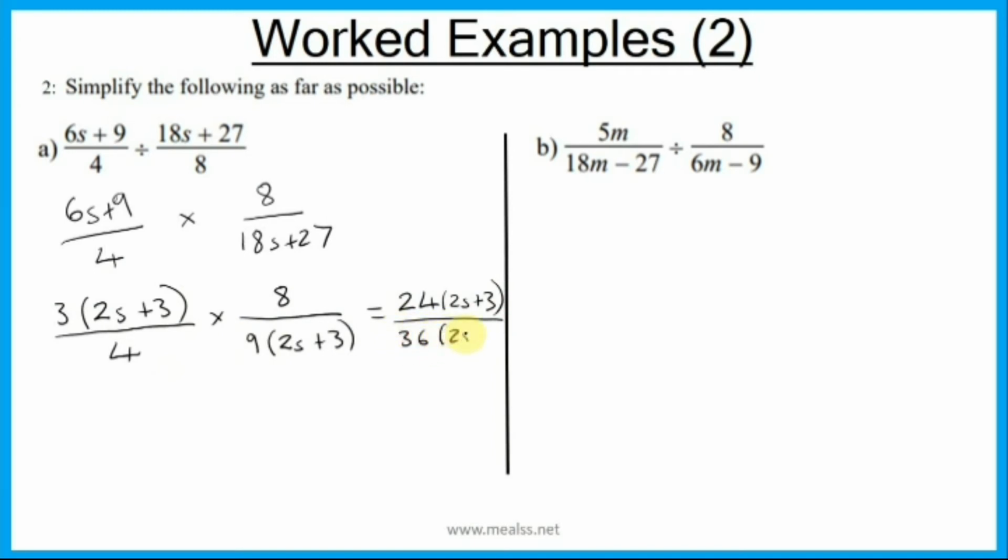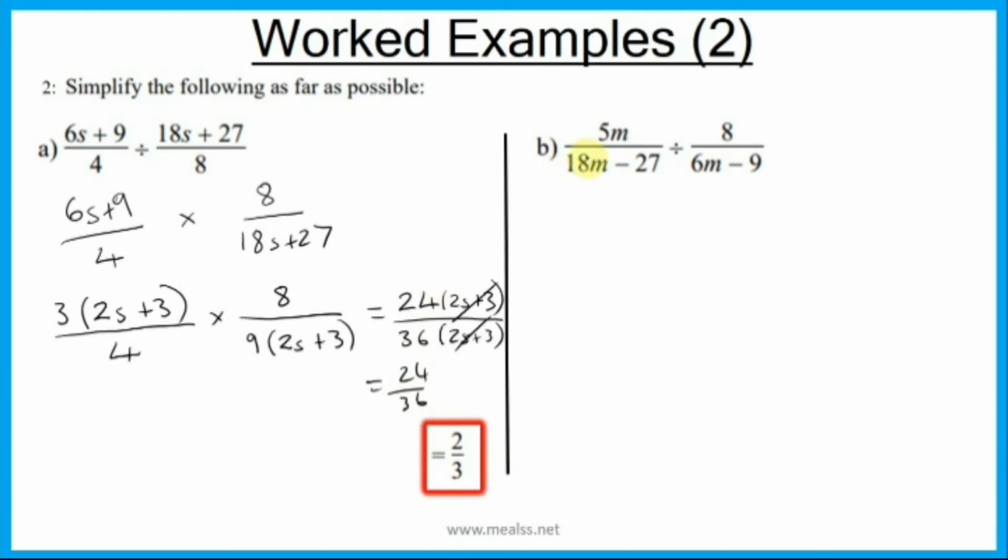And that's going to be 2s plus 3. So now what we can do is divide the top and the bottom by 2s plus 3, and that cancels this and this out. And then what we're left with is 24 over 36. Now that can be simplified further to get 2 over 3, because we divide both top and bottom by 12, and that's our final answer.